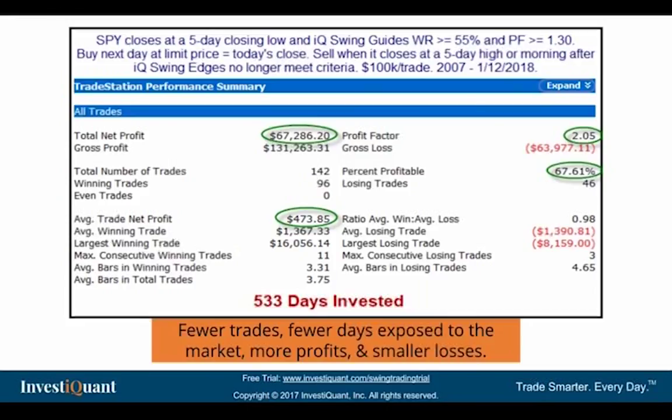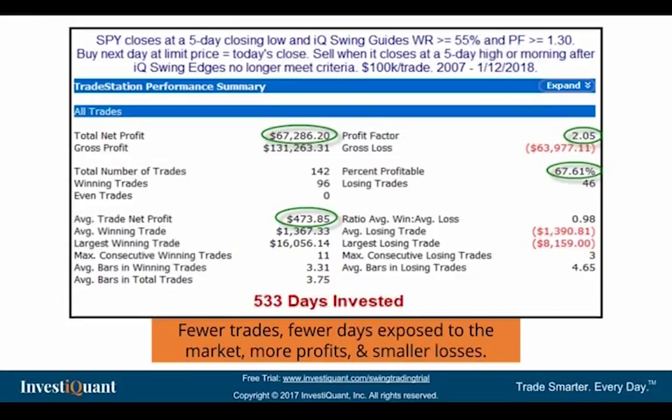Those are numbers I've used for years, both for overnight trading and for swing trading. And a 1.3 means you can expect to have 30% more in gains than losses over the long run, right? So you've got a decent edge, and you've got the 5-day low strategy at your back.